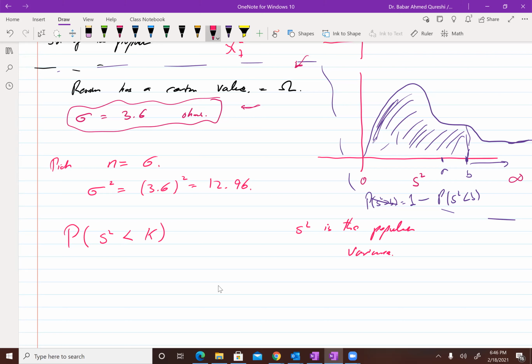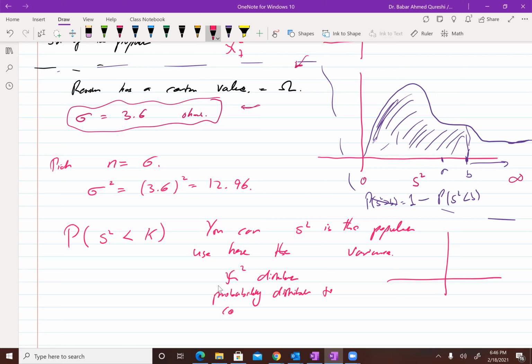So here you can use the chi-square probability distribution to compute these probabilities.